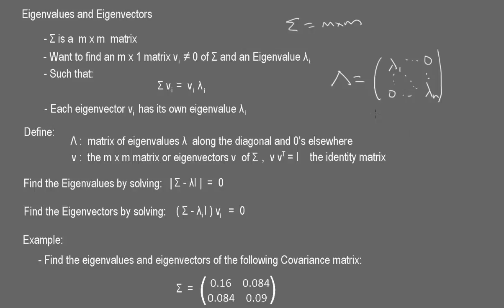We also define a matrix V, which is an m by m matrix, and what it will contain is our eigenvectors in each column. So v1 would be here, v2 here, and so on. We also require that V V transpose is equal to I, which is the identity matrix, which has ones down the diagonal and zeros elsewhere.